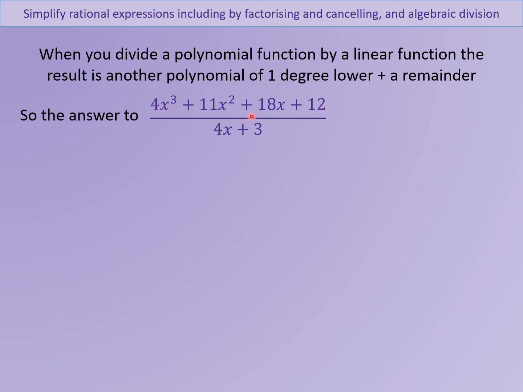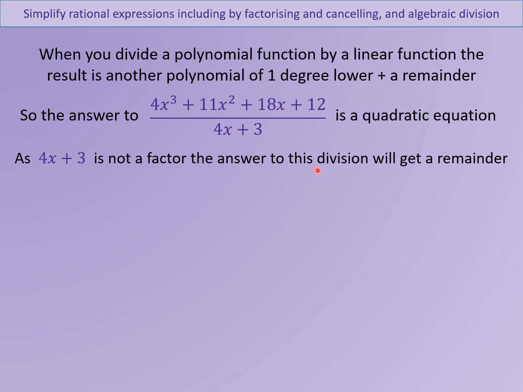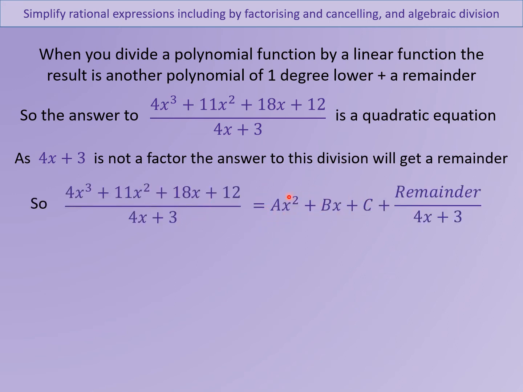So unlike those first exercises you did, where you could factorise and just cancel out, this one doesn't cancel nicely. So because 4x plus 3 doesn't go nicely into this, you are going to get some sort of remainder. Now you can actually calculate that remainder by using the remainder theorem. But what we can write down is a quadratic plus our remainder in this form.